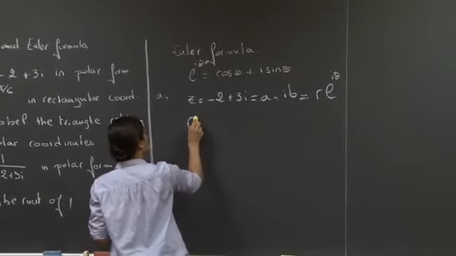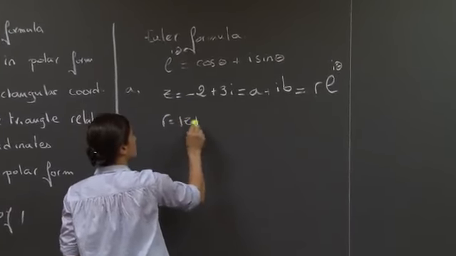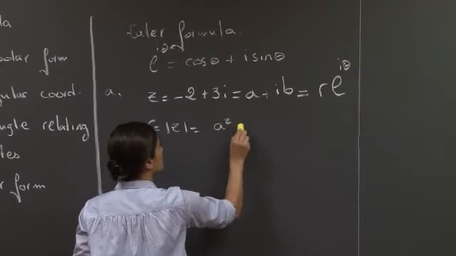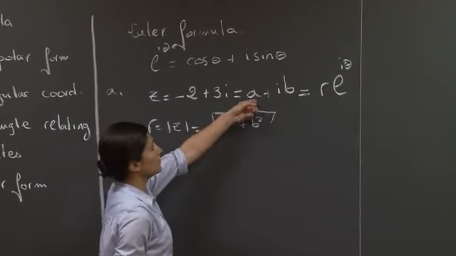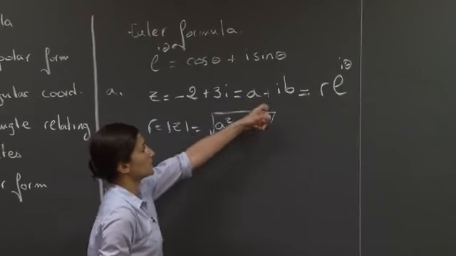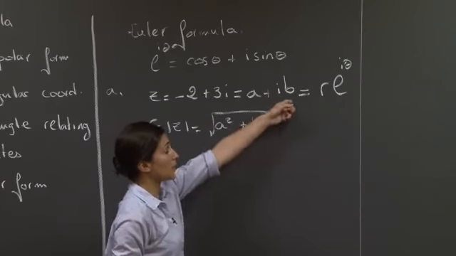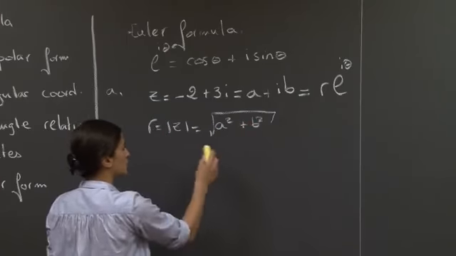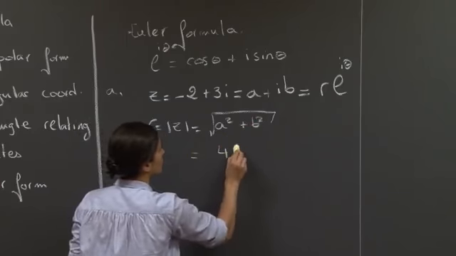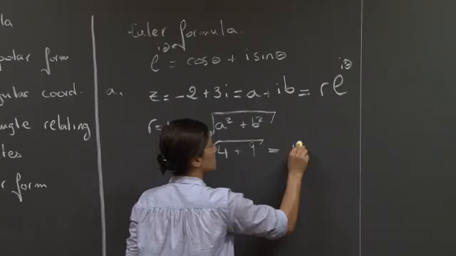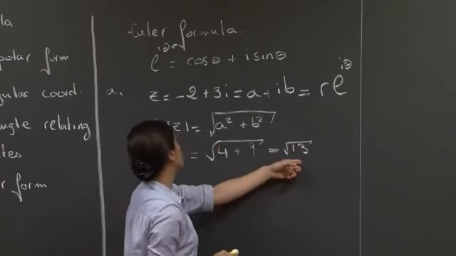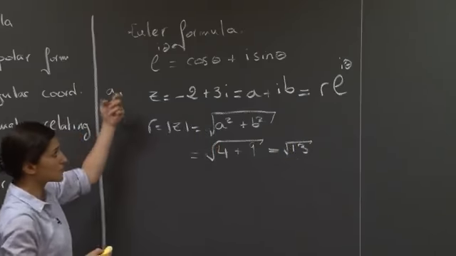R, the modulus, we can compute when we know its rectangular form: the real part squared plus the imaginary part squared, the whole thing under the root. So in this case, we have 4 plus 9, and we end up with root 13 for the modulus of the complex number z.